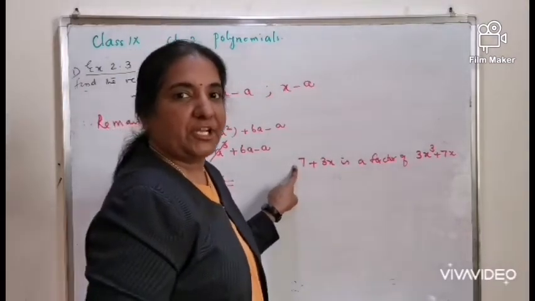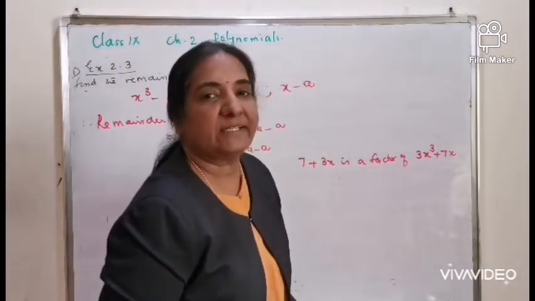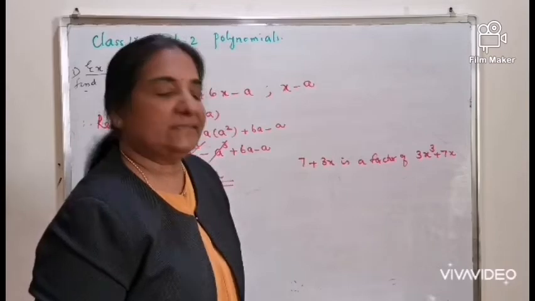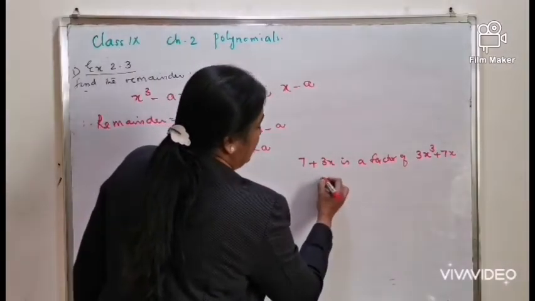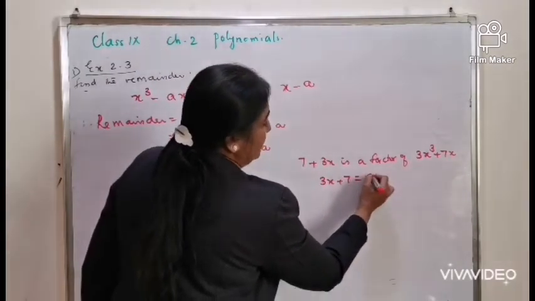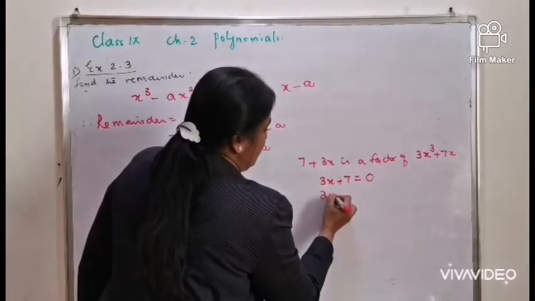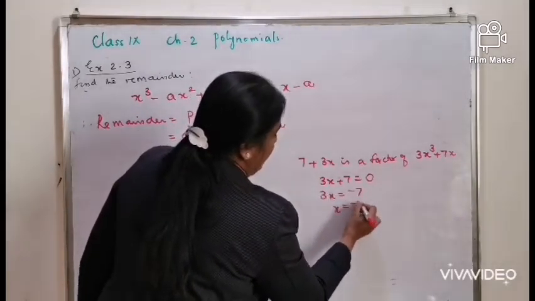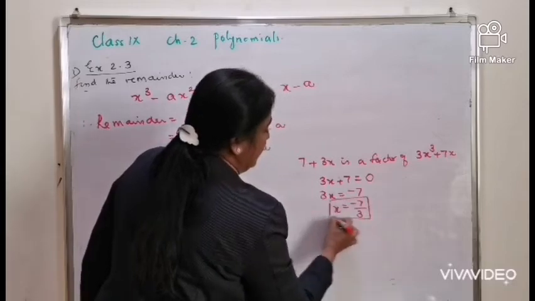The last question: check whether 7 plus 3x is a factor of 3x cubed plus 7x. 3x plus 7 is equal to 0, 3x is equal to minus 7, or x is equal to minus 7 by 3.